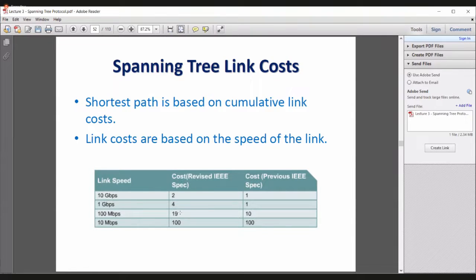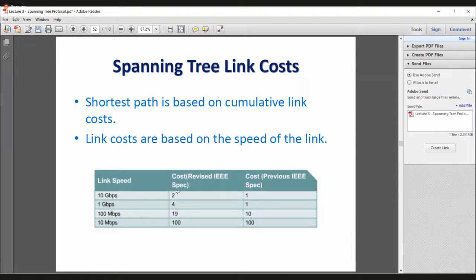For that they have assigned some cost. It is based on the speed of the link, from 10 gigabit per second to 10 megabit per second. This is the highest and this is the lowest. Once the data speed is low, then the cost is high. Here it is 100.